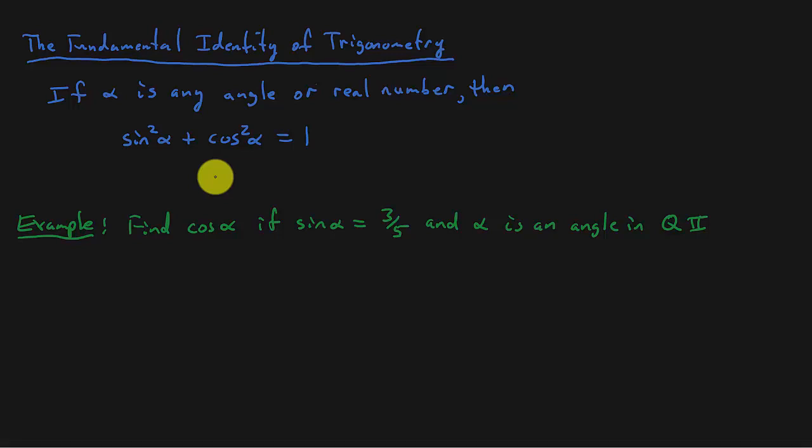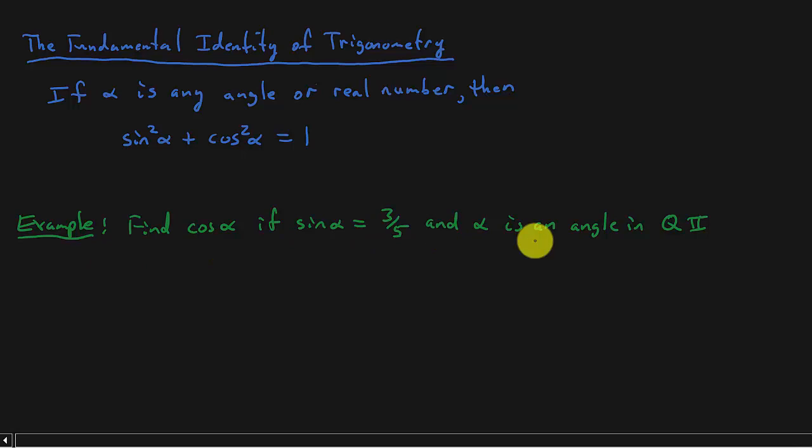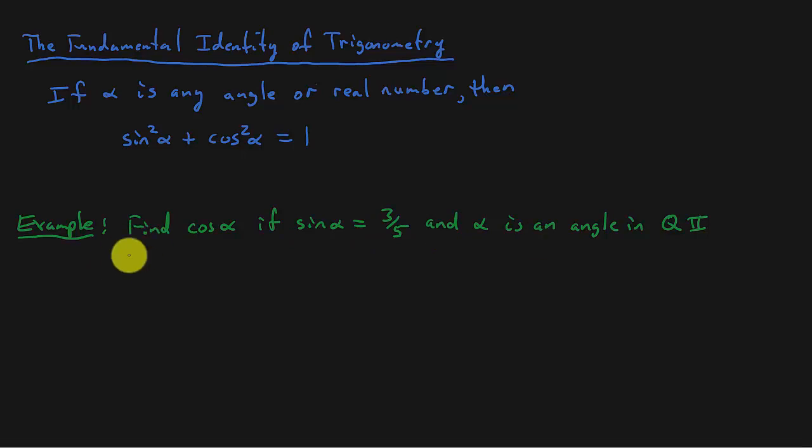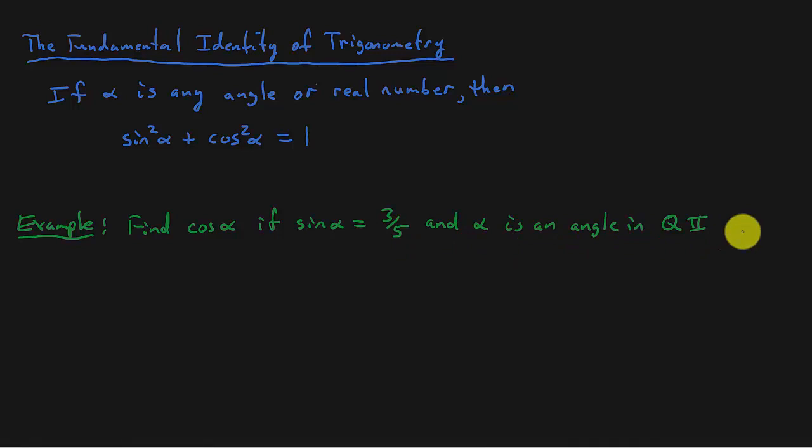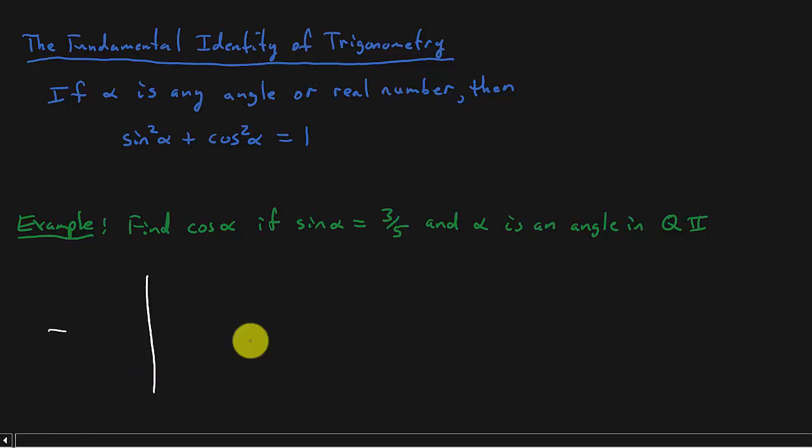All right, so what can we do with these Trig identities? Well, we can do a lot with them. But let's look at one thing we can do with them. We have an example here. It says find cosine alpha if sine alpha is equal to 3/5 and alpha is an angle in the second quadrant. If you've watched past videos, you saw where we drew a triangle, labeled the sides, and found all the trig functions like that.